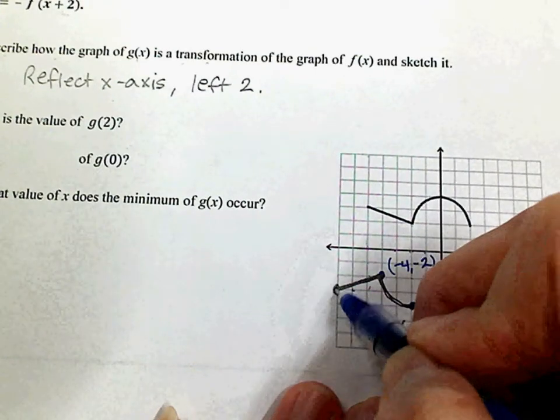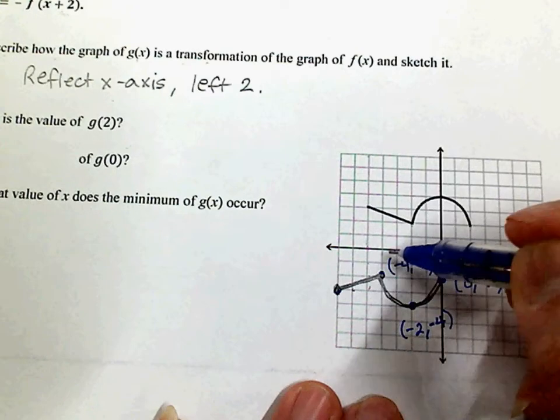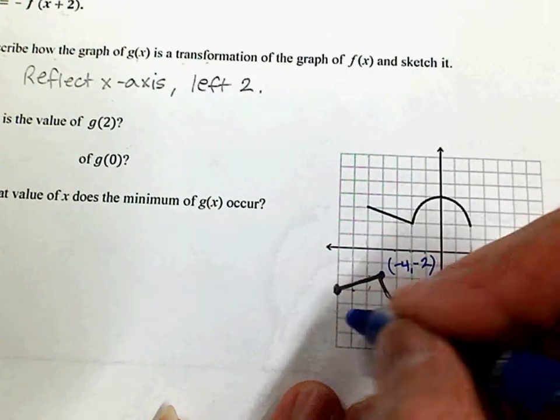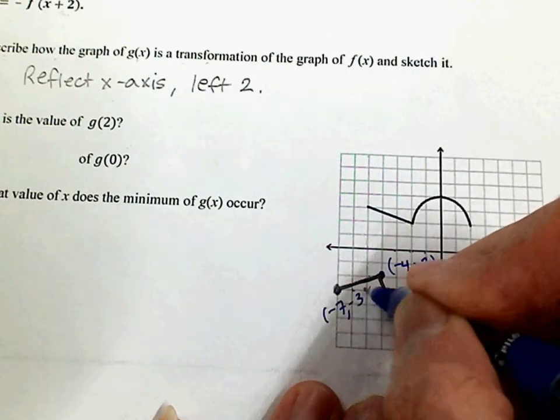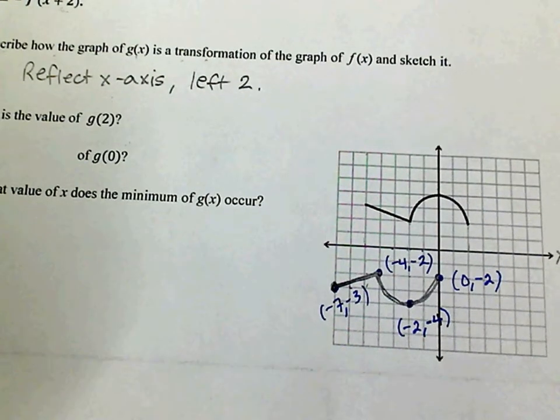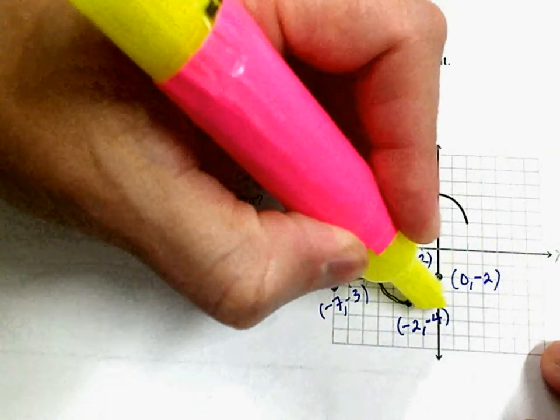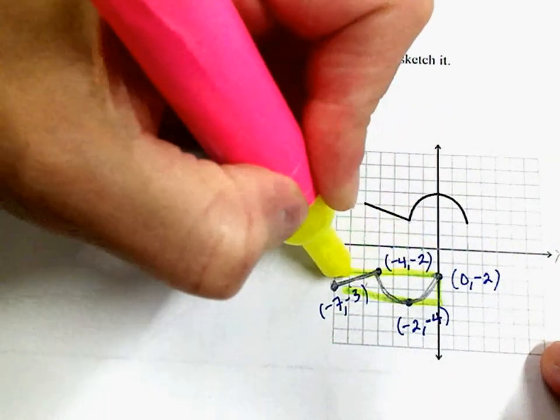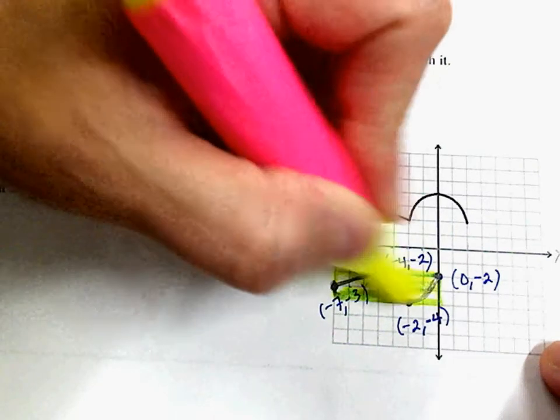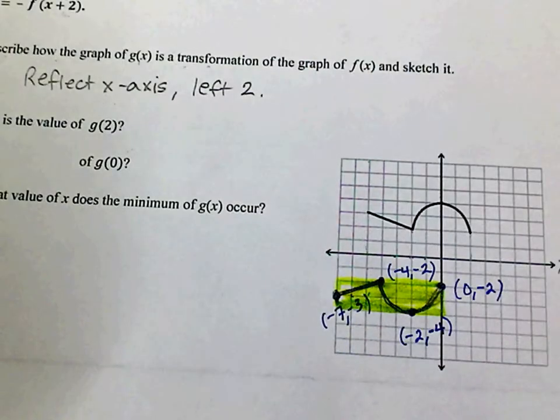And this one. -7, -3. Everything good? And then basically you're going to box it in like you did with the other one, right? And if you need to box it in to help you, then box it in. But you don't have to, okay? All right, here we go.